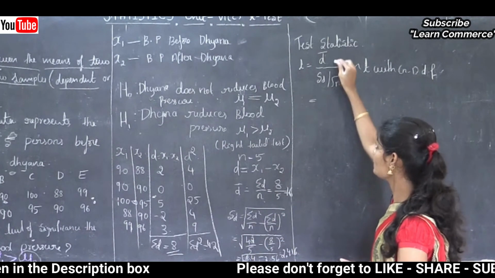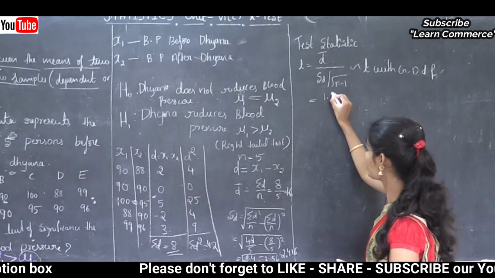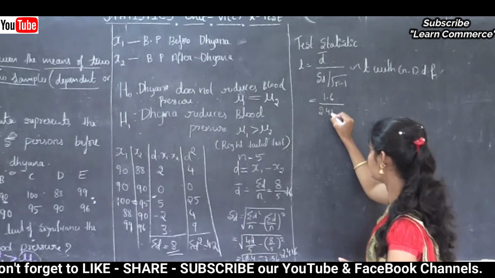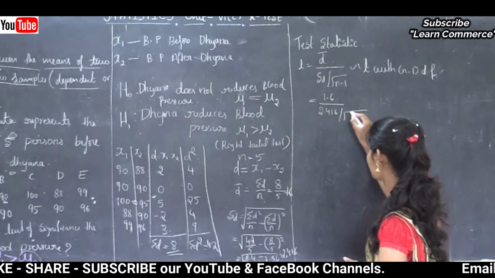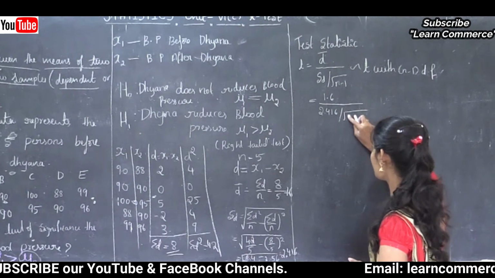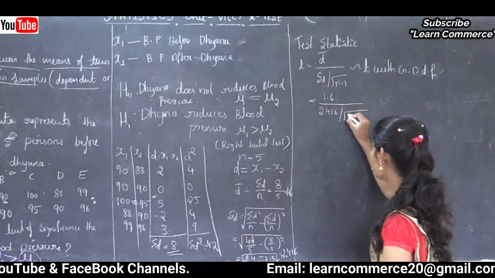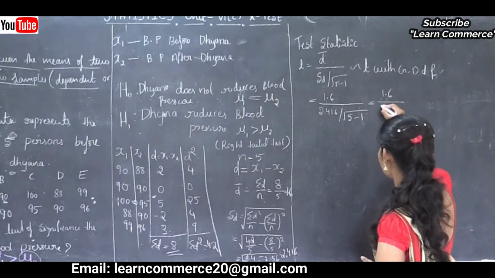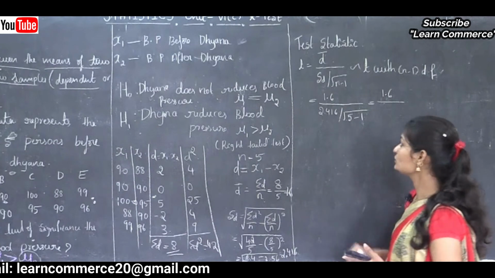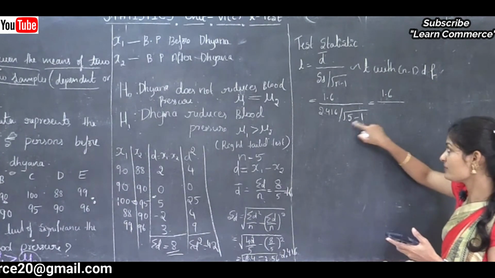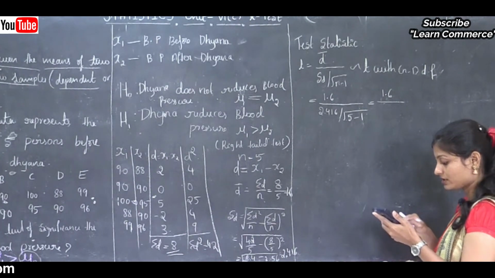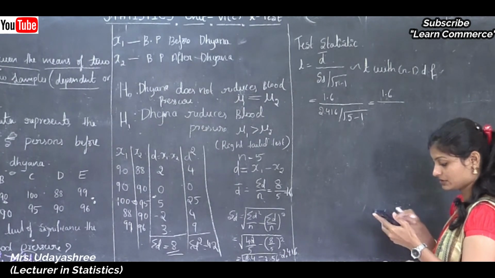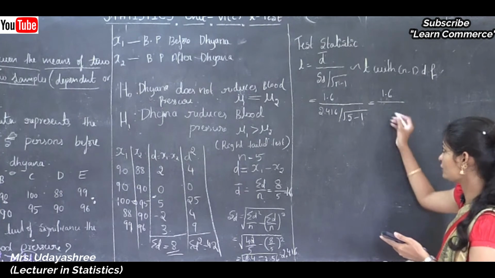What is d bar? d bar is 1.6, divided by the standard deviation 2.416 divided by square root of n minus 1. Here n is 5 minus 1, which is 4, and the square root of 4 is 2.